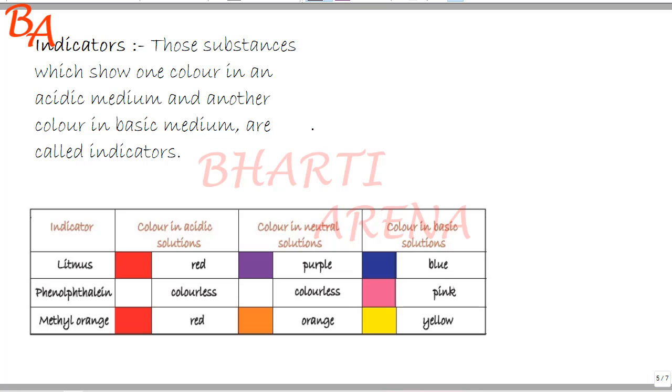Next we are going to see indicators. Those substances which show one color in an acidic medium and another color in basic medium are called indicators. Such substances are called acid-base indicators.